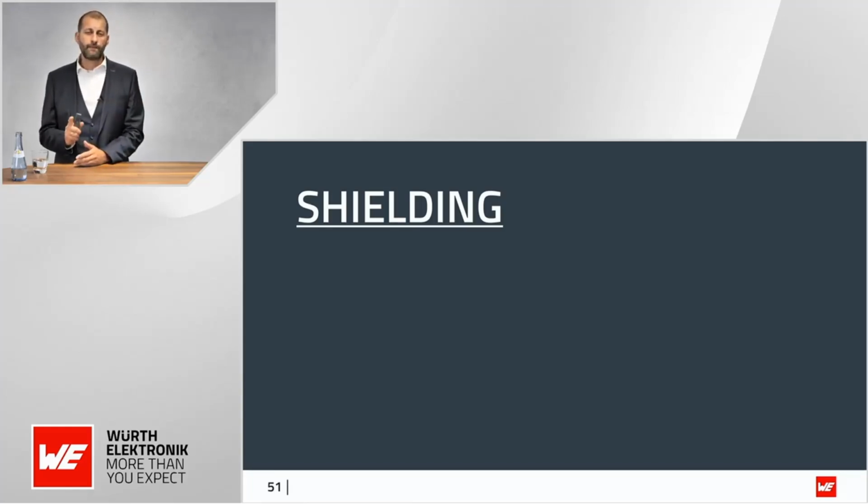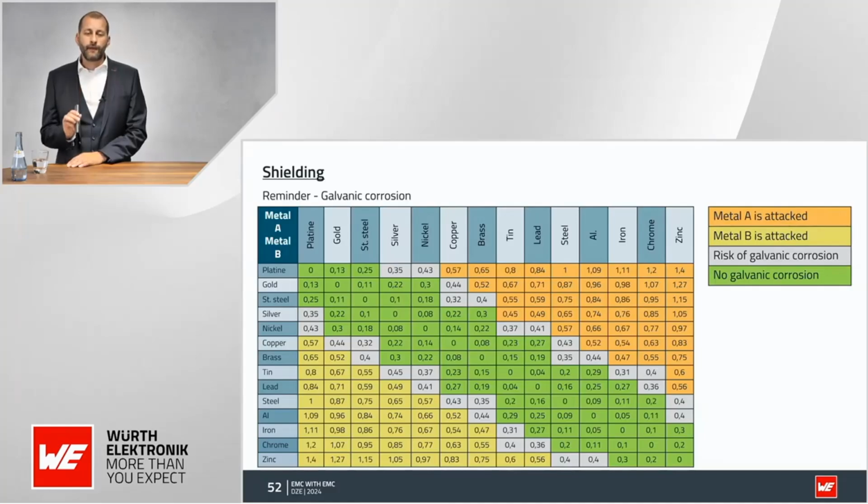And one really big thing, especially because it also affects the connector side, is be aware of galvanic corrosion. Why? Well, what is galvanic corrosion? If you would, and that happens a lot, mate a gold contact connector with a tin plated connector.